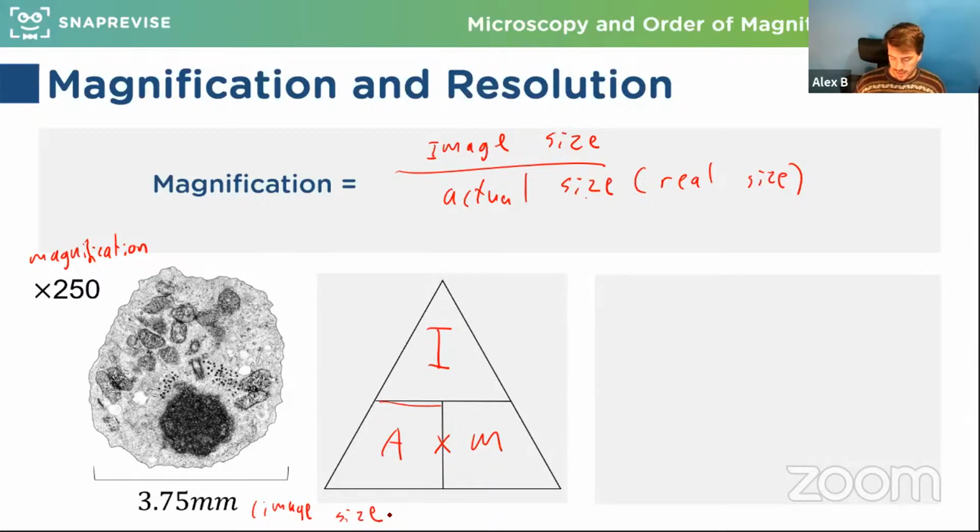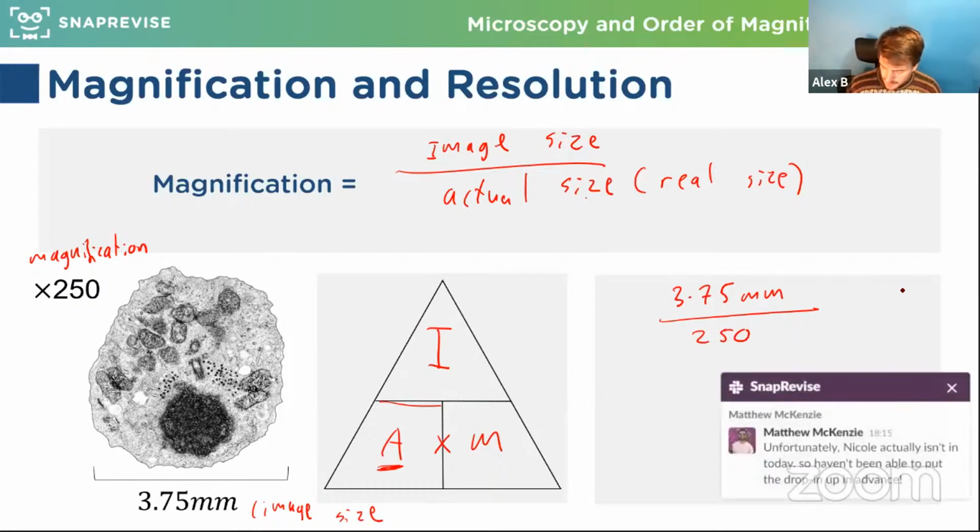We want to work out the actual size of this cell, so how big it is in real life. We do image size divided by magnification. So image size is 3.75 millimeters divided by magnification 250.